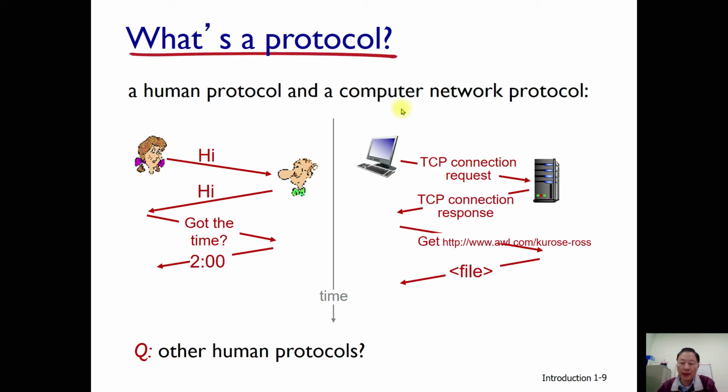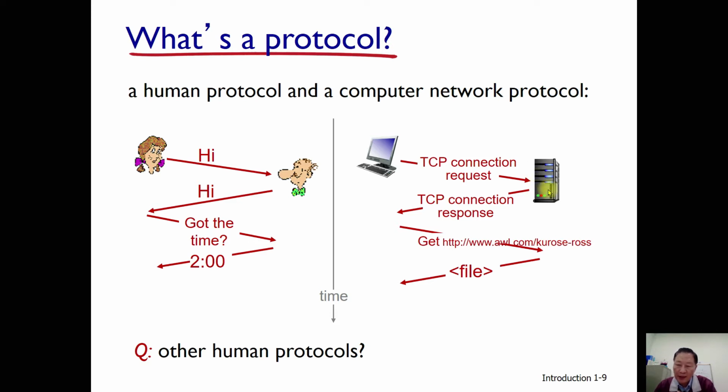If we are considering a computer network protocol, then this computer is asking, but it cannot ask immediately. It should set up a connection first. Thus, this is about the TCP protocol. It requests a TCP connection first.